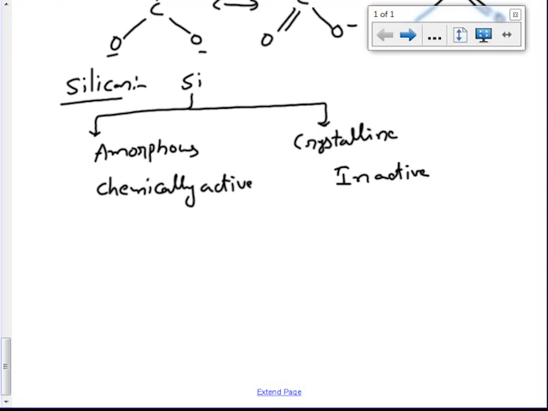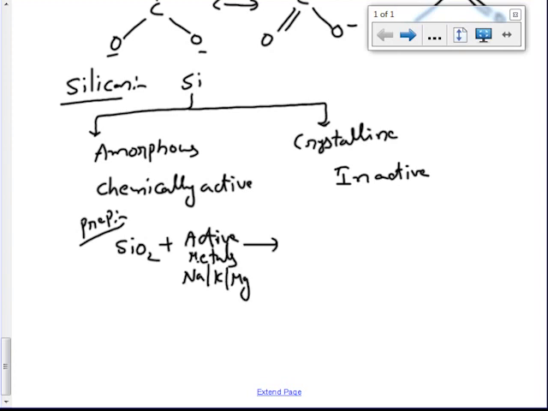To prepare amorphous silicon, take silicon dioxide, SiO2, and react it with active metals like sodium, potassium or magnesium. This gives silicon plus sodium oxide, potassium oxide, or magnesium oxide respectively. This silicon is our amorphous silicon.